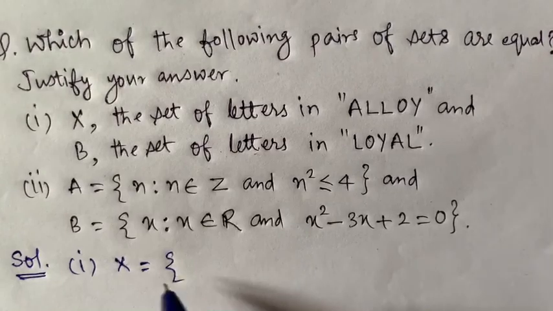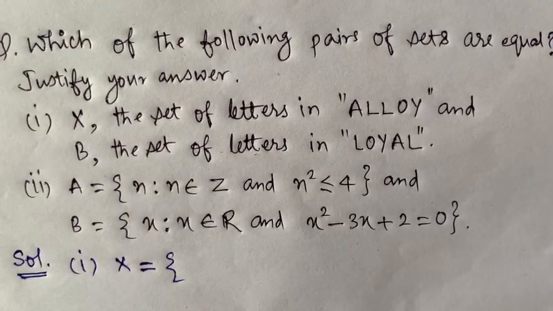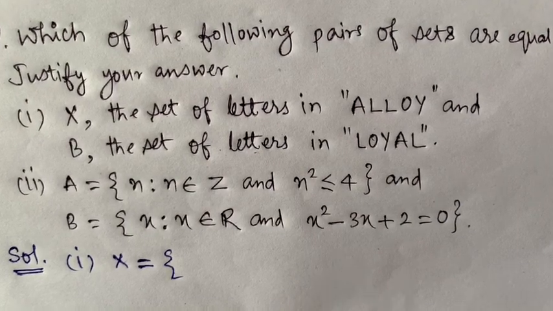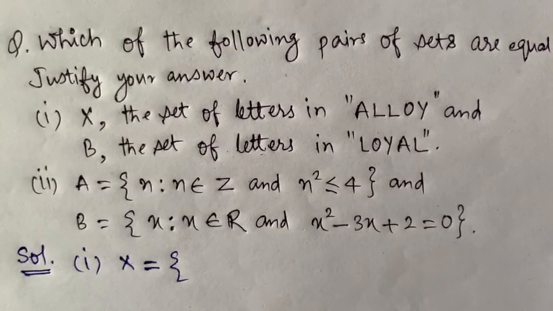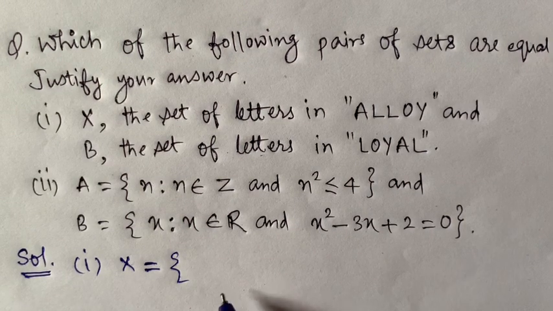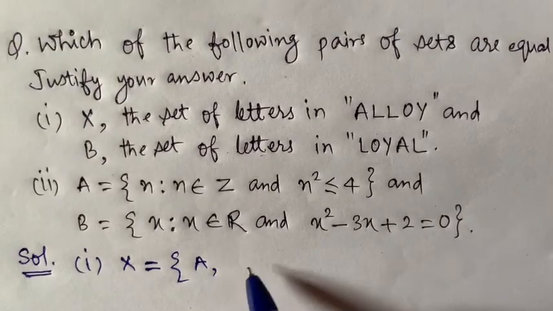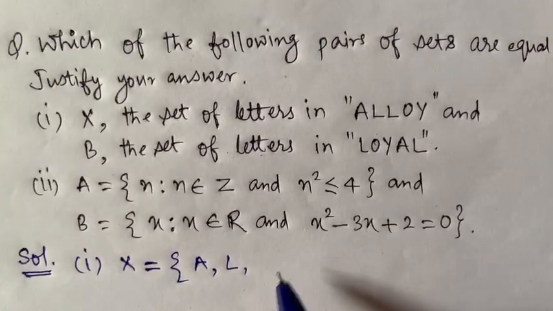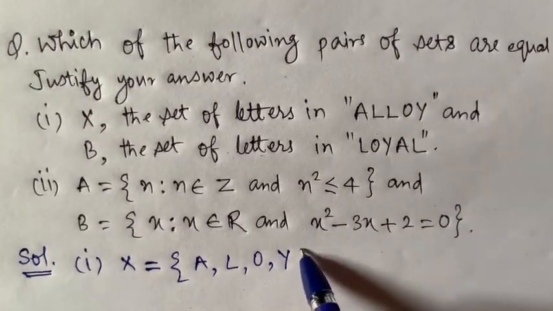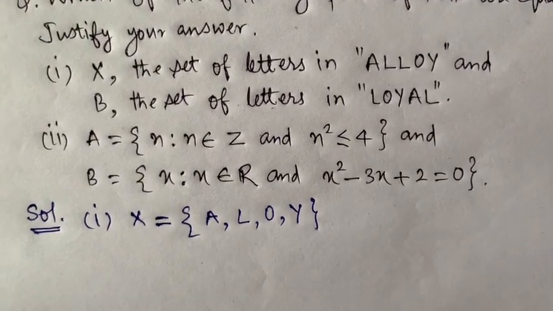Now we have that definition of sets, a well defined group of distinct objects. So now we will consider only the distinct letters of ALLOY. So we will have A, L. Now we have already written L, so the second L will not be added here, and it is A, L, O, Y for set X.